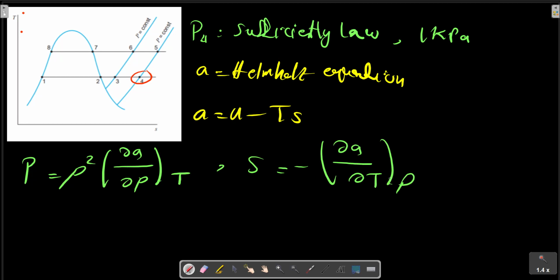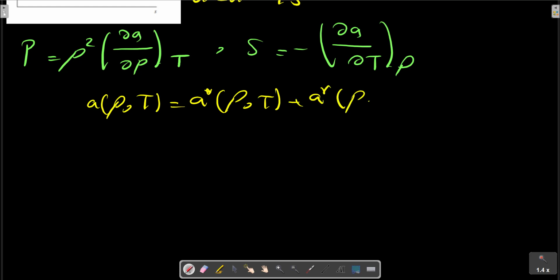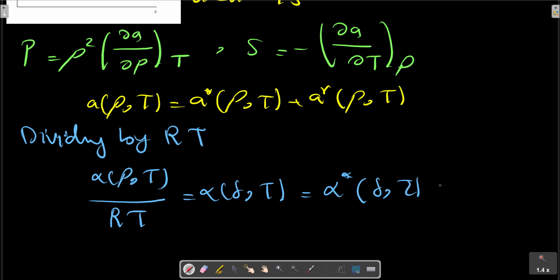We now express the Helmholtz function in terms of the ideal gas contribution plus the residual contribution, A = A* + AR, or dividing by RT, alpha equals alpha* (delta, tau) plus alpha r (delta, tau).